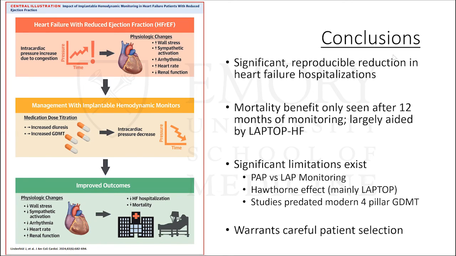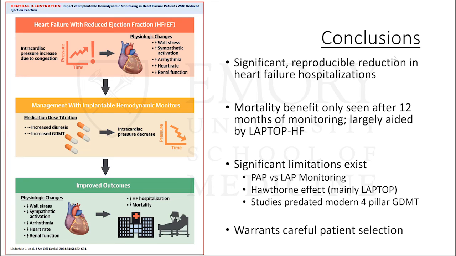We have some patients who don't transmit, so that's not helpful. Are the patients responsive to a treatment? And on the treatment side, will the team actually intervene? If you're seeing high pressures and you're not doing anything, then that's not helpful. One of the advantages of the hemodynamic monitors is that they also allow us to decrease diuretics when we see pressures getting too low.